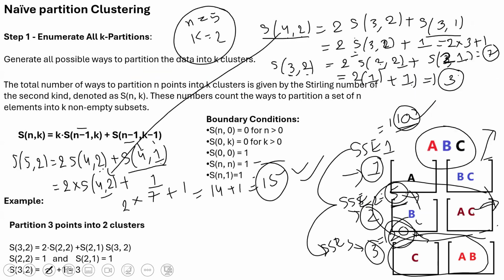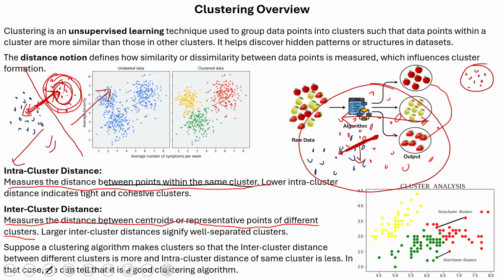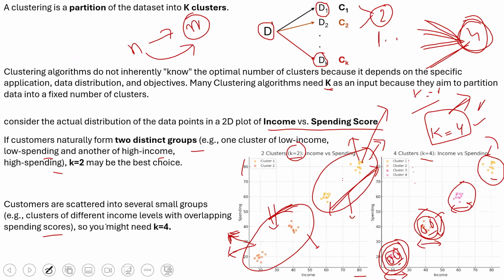So far we have talked about the introduction to clustering, what is intra-cluster distance, what is inter-cluster distance, why we call clustering an unsupervised learning method, and we have understood why the number of clusters that you have to partition the data into is a user-defined parameter.